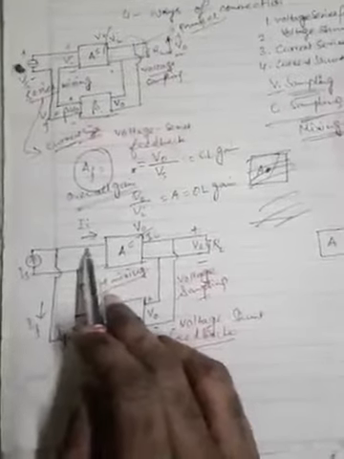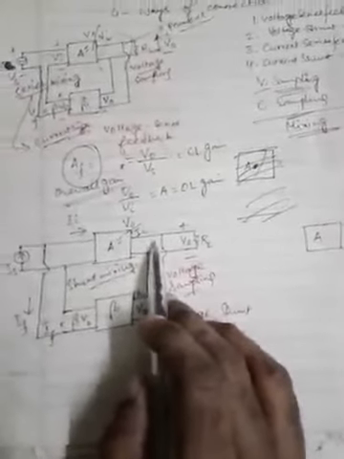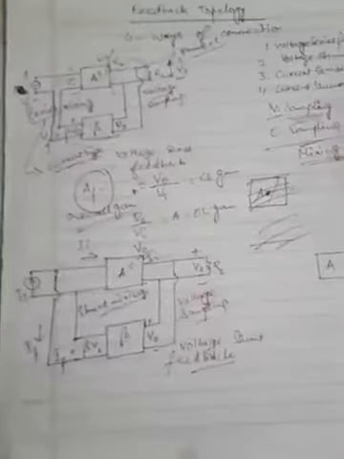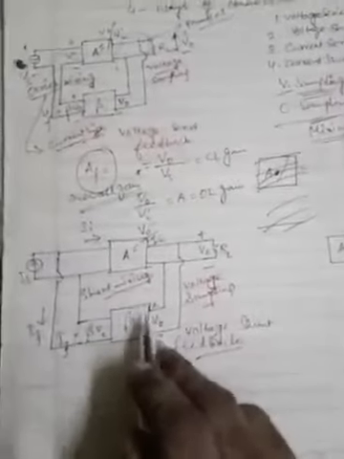One interesting thing comes out in this type of voltage shunt feedback, that the basic amplifier is taking current as the input and producing voltage in amplified form at the output. Just mark this thing, we will discuss something later about this, what is actually happening in this case, which is quite unlike the previous case.